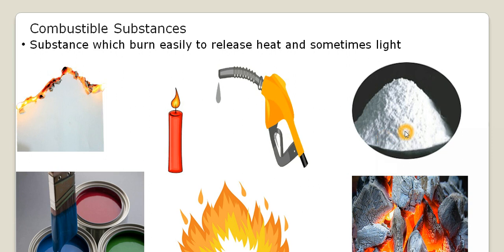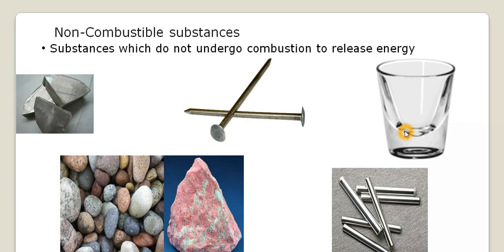On the other hand, we have a set of non-combustible substances which do not undergo combustion to release energy. So they will not get burned to release energy. Let's look at some examples. Most of the metals, I told you, are non-combustible. Like an iron nail. It's made of iron metal, so it's non-combustible.